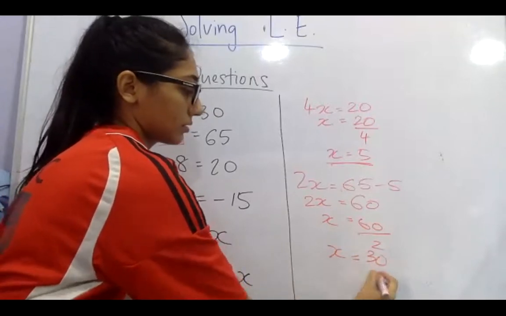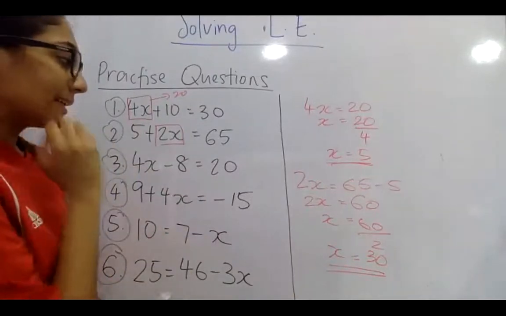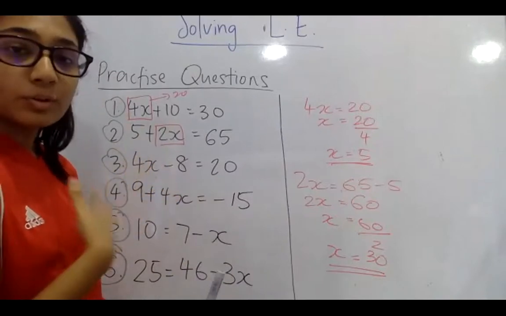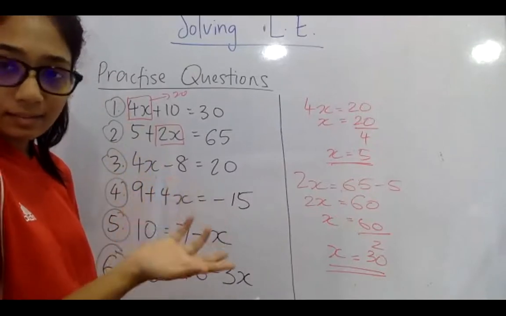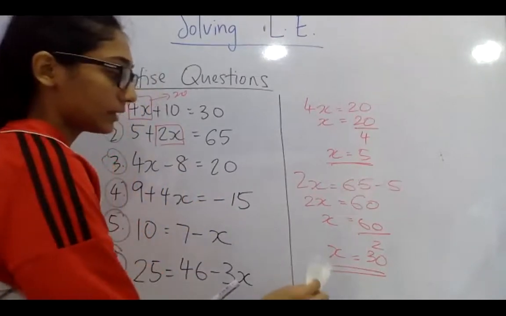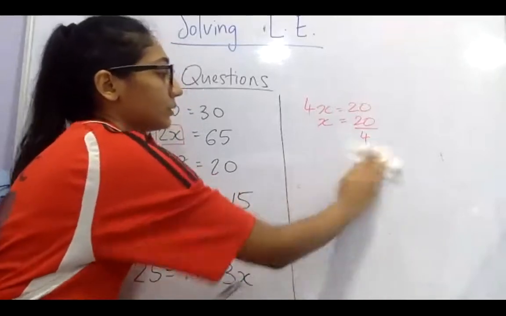So x equals to 30. Yeah, that's right. So x is equal to 30. Okay. Now, during the discussion, if you get it wrong or you don't understand why the answer is such, please let me know. Okay. So for number 2, x equals to 30.